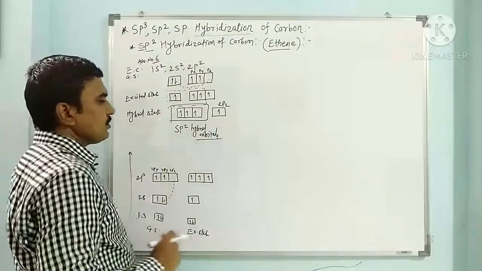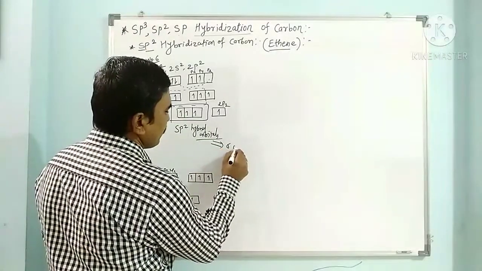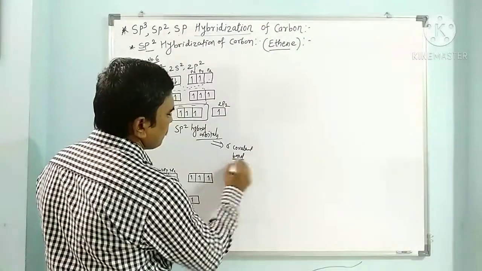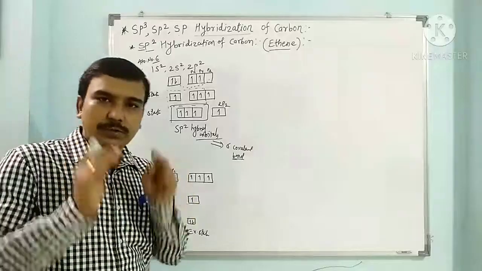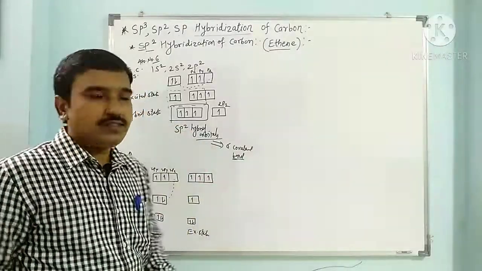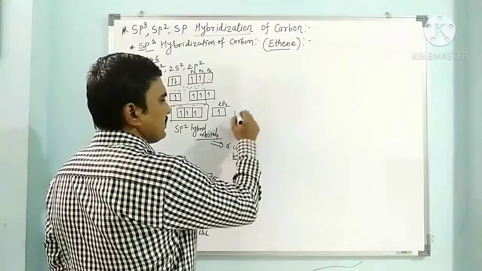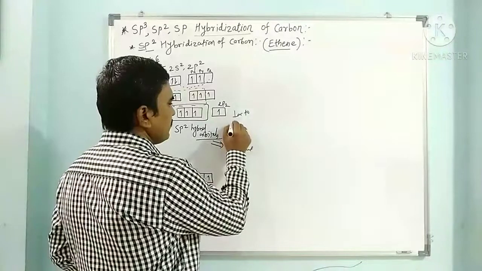Now these 3 orbitals are responsible for making sigma covalent bonds, while this is the orbital which is perpendicular to these 3 orbitals.